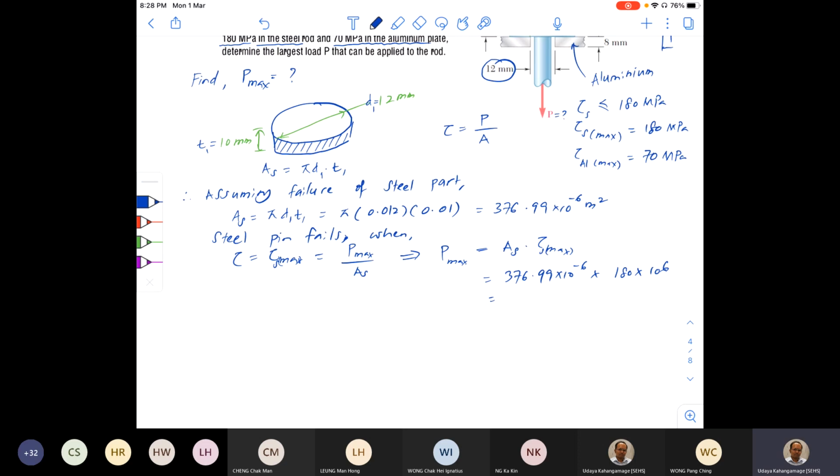So the answer is 67.858 into 10 power 3 Newton. So this is the P max, but this is assuming the steel is going to fail. So let's take it as number 1.